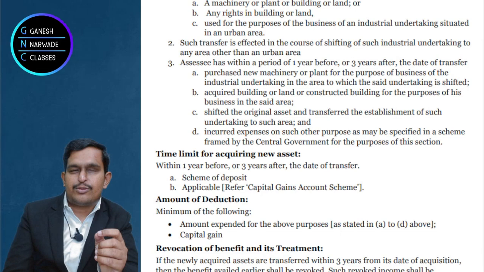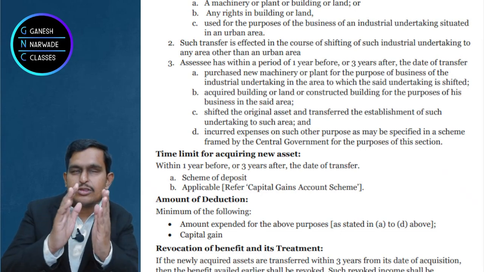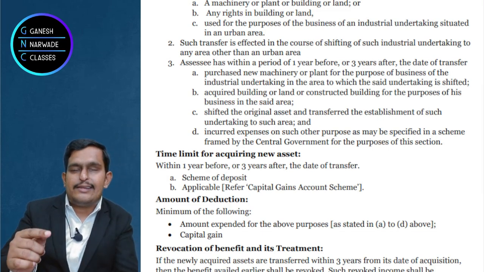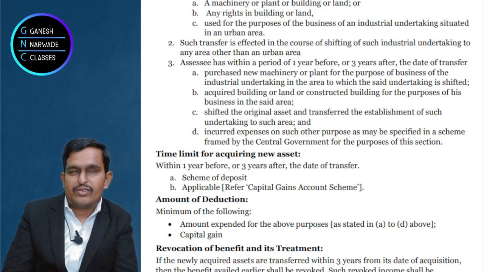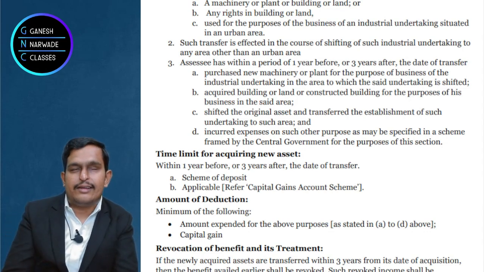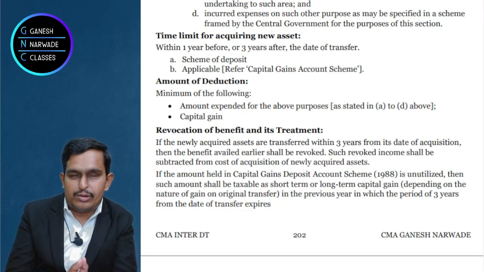From the date of transfer, within 3 years, if you sell the new industrial undertaking, then on the sale definitely capital gains is computed.